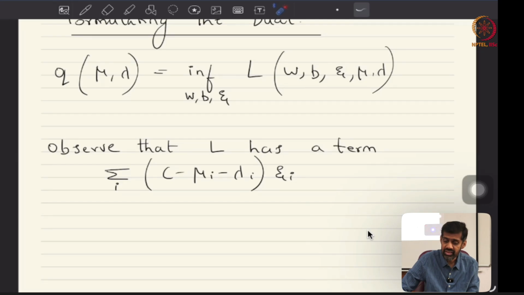Now, just like the previous case, if you do not drive this to 0, then this infimum can go to minus infinity. So we will have to constrain it to go to 0.